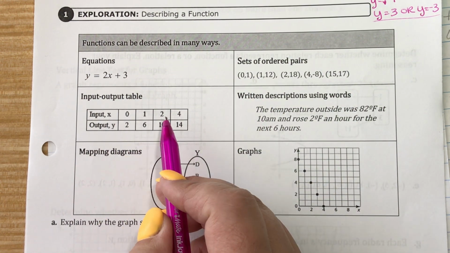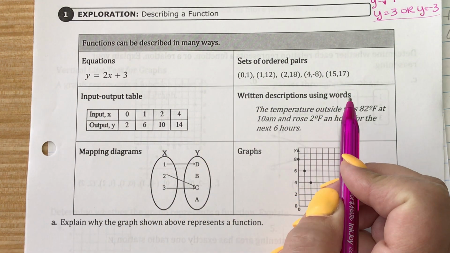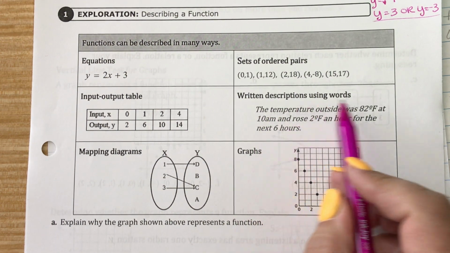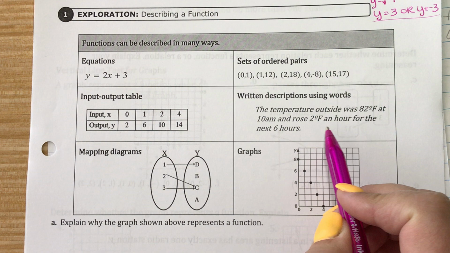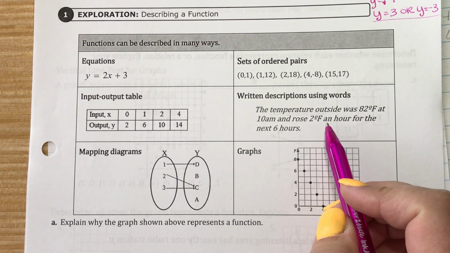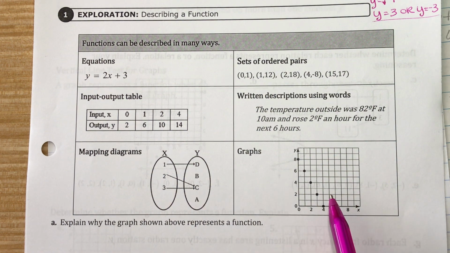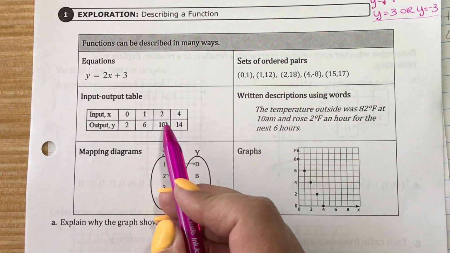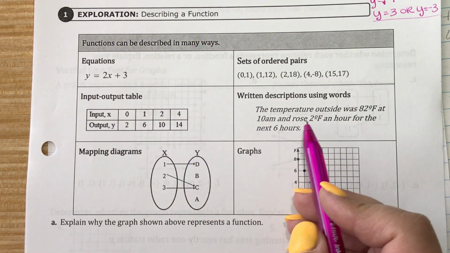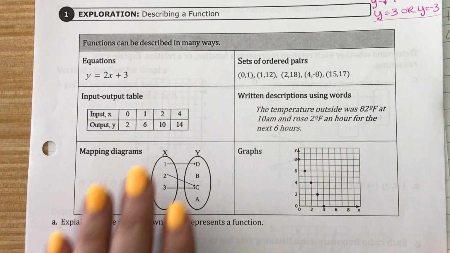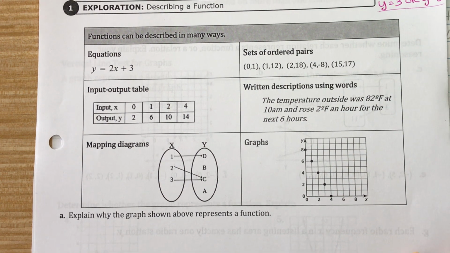A written description using words, like being able to take a word problem or a situation and determine if that is a function relationship. Mapping diagrams and graphs. So these are all ways of displaying and communicating this data in different ways. And we'll be able to look at what functions look like in all 6 of those.